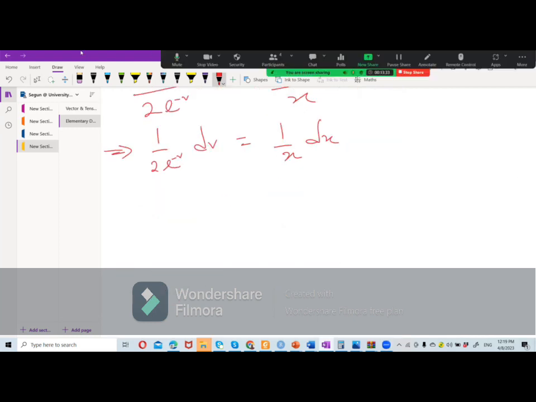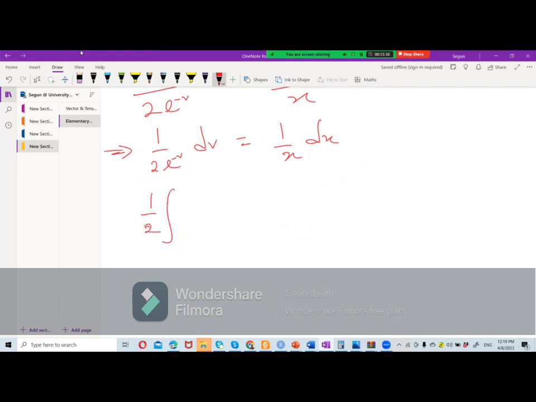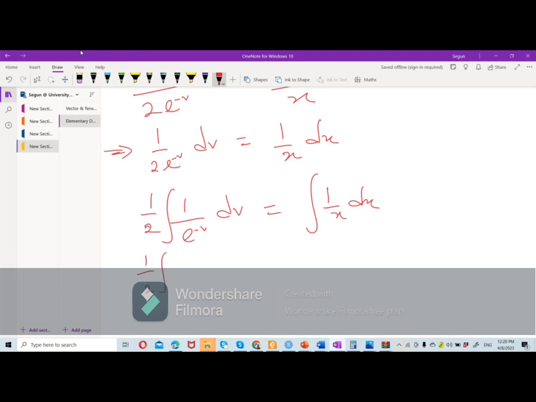I will have 1 all over 2 as a constant, integral of 1 all over exponential minus v dv equals integral of 1 all over x dx. I can take this up by saying 1 all over 2 integral of exponential v dv equals integral of 1 all over x dx.